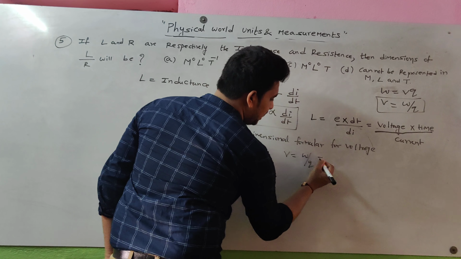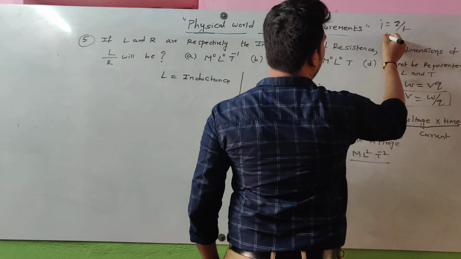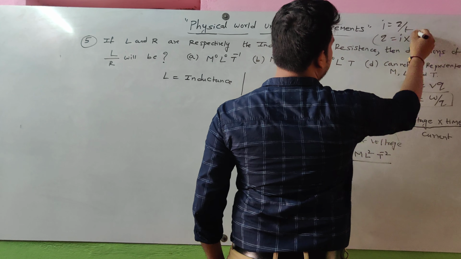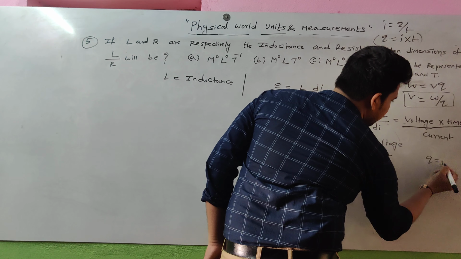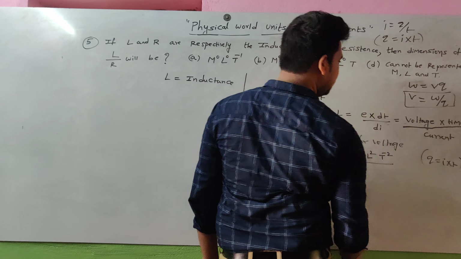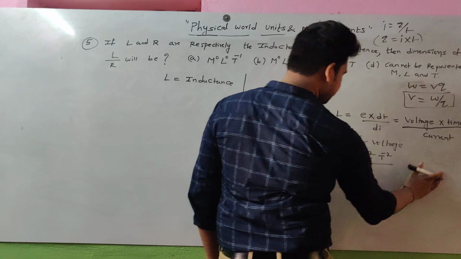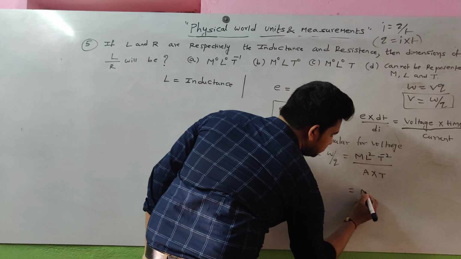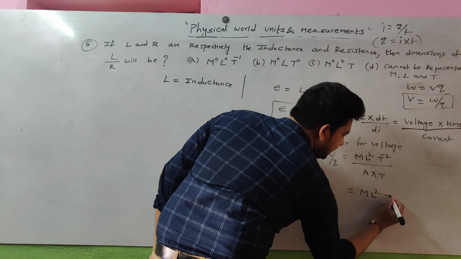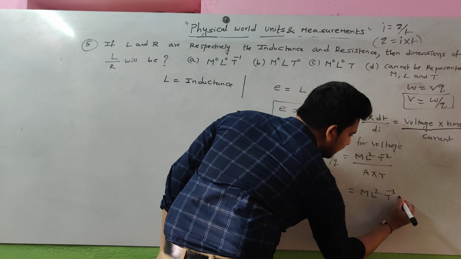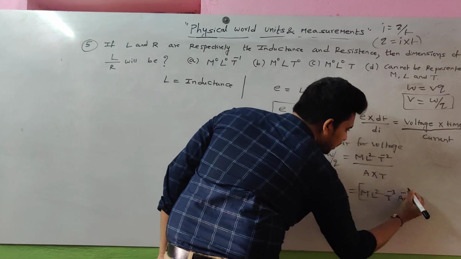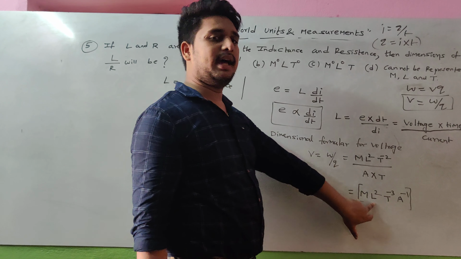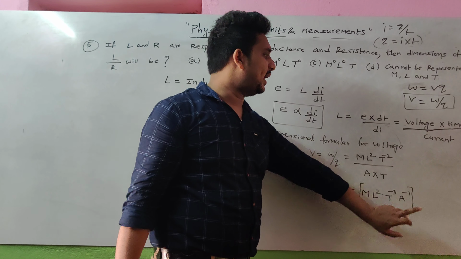Charge, the dimensional formula for charge we already discussed. I is equal to Q by T, then Q is equal to I into T. So charge Q is equal to ampere into time T. So finally we got M L square T power minus 2 minus 1 minus 3 A power minus 1. The dimensional formula for voltage is M L square T power minus 3 A power minus 1.